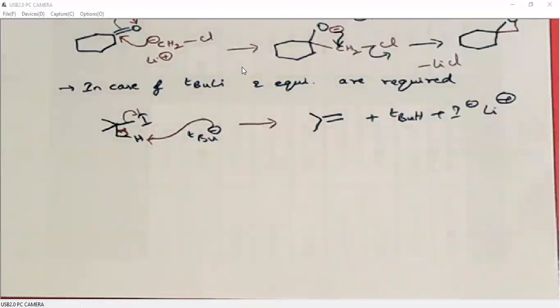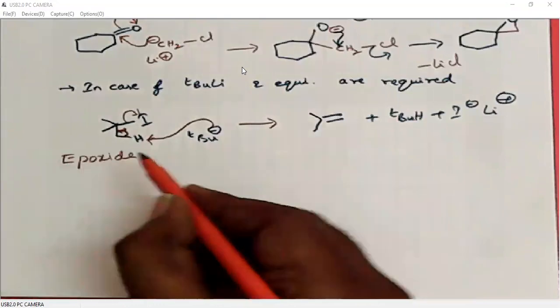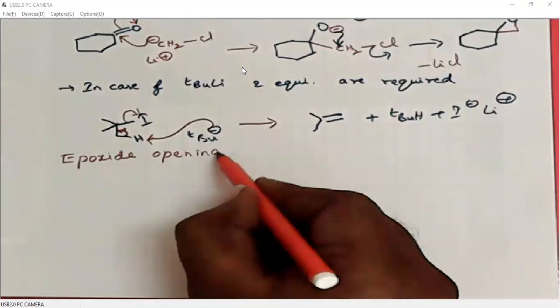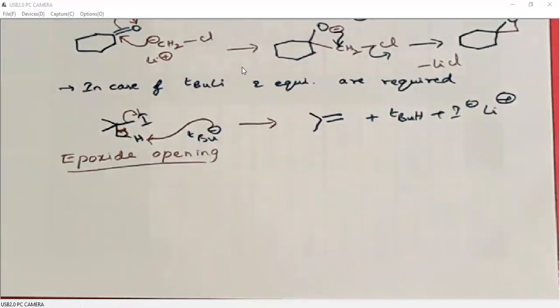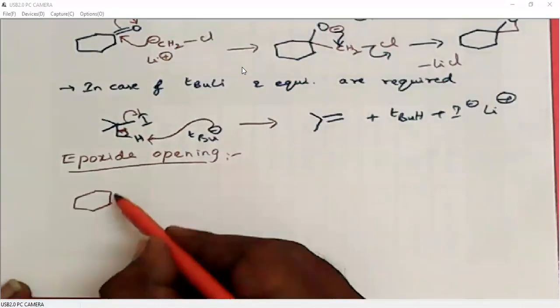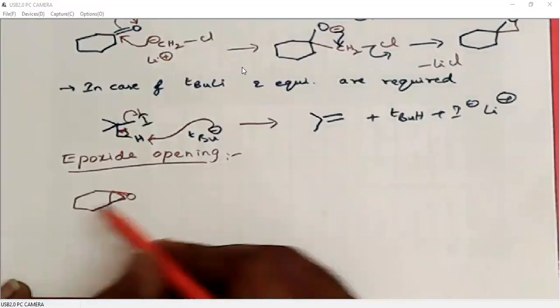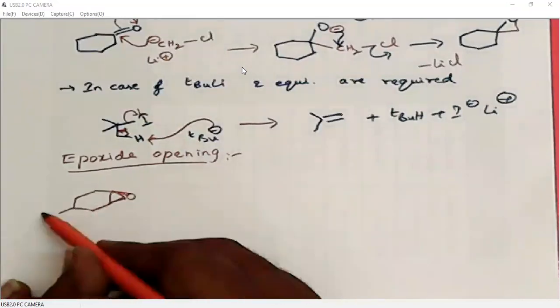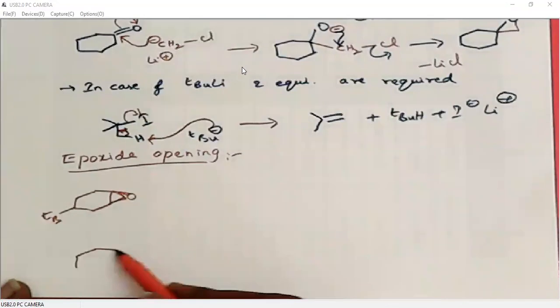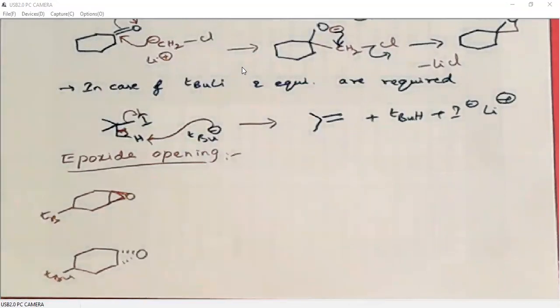Of course, in normal cases we can expect them, but in case of six-membered rings, for example, say the epoxide is like this, say it is above the plane, or it is below the plane, and we treat this with a nucleophile, then how will the epoxide open?